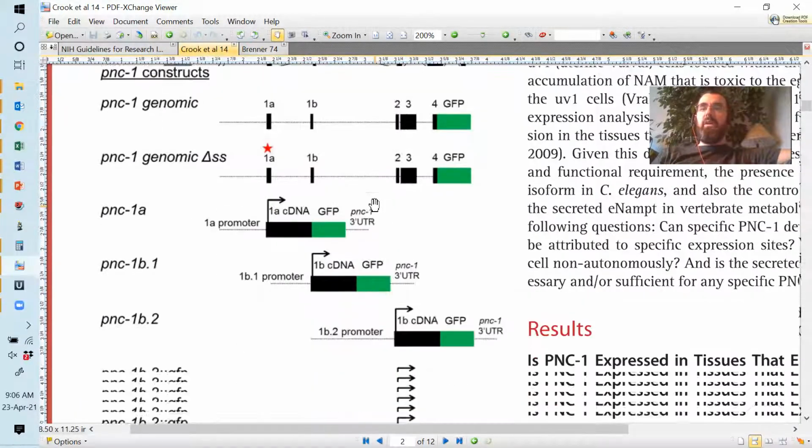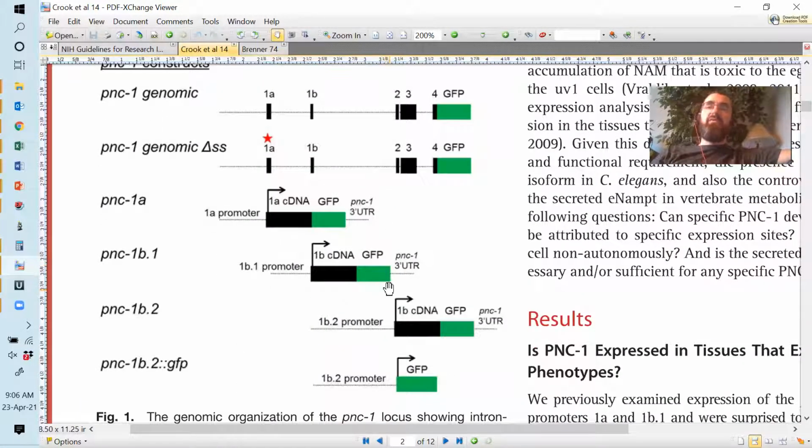And that was translationally fused, so in frame, remember we were talking about reading frame a while back, in frame with that coding sequence is one for a green fluorescent protein. And at the other end, we have the endogenous 3' UTR for that gene.